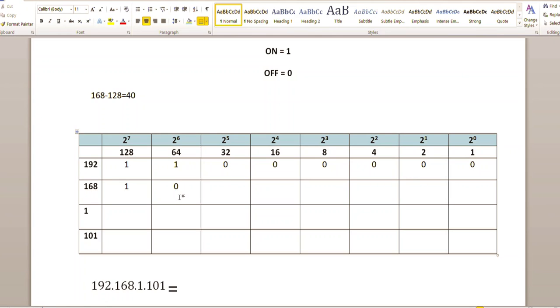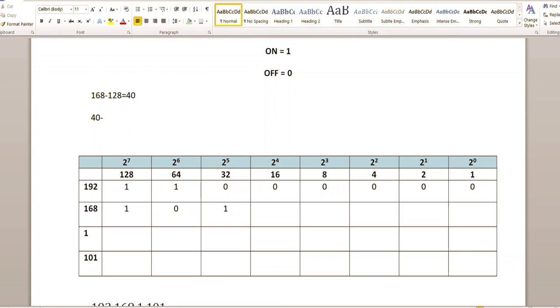Now let's go again. Can 32 go into 40? Yes. So we place an on value and we minus again. 40 minus 32 equals 8. Now seeing that we have an 8 value here, we simply put the 1 for on and we fill the rest with zeros, because 8 minus 8 is equal to 0. So we don't need any 16s, 4s, 2s, or 1s.